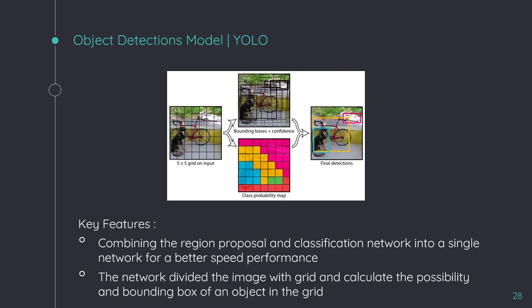Then we can calculate the predicted bounding box in each cell, and for each cell that contains an object with a predicted value, we can do the classification task for each bounding box that has been created. And then non-max suppression can be used to reduce the number of bounding boxes that have been created. For example, look at the image here.